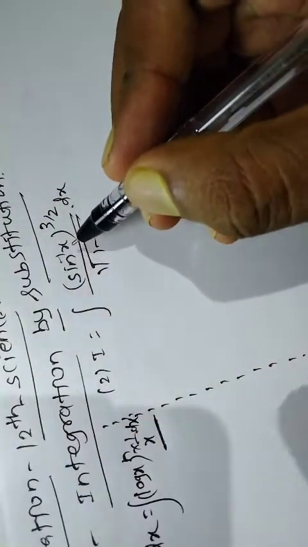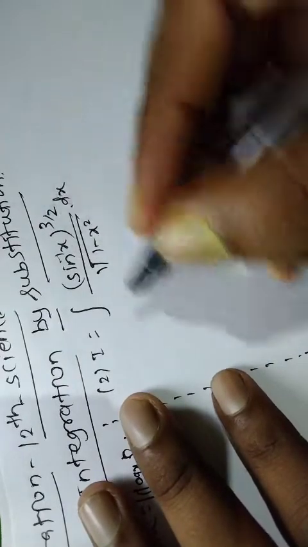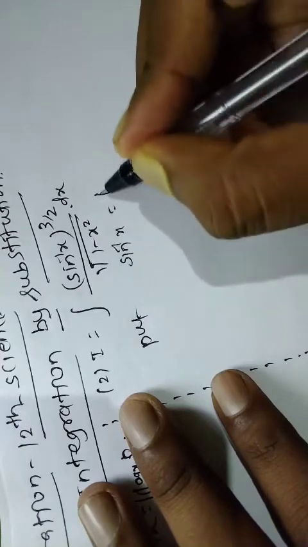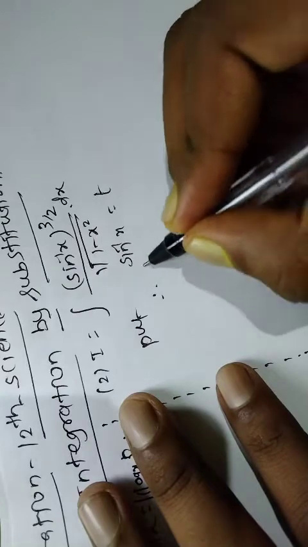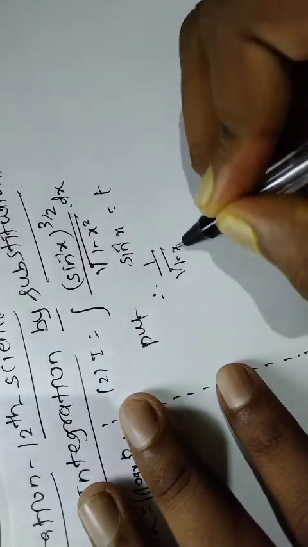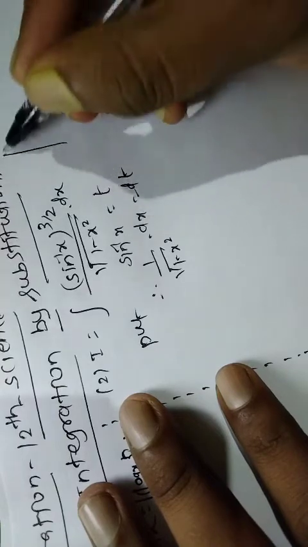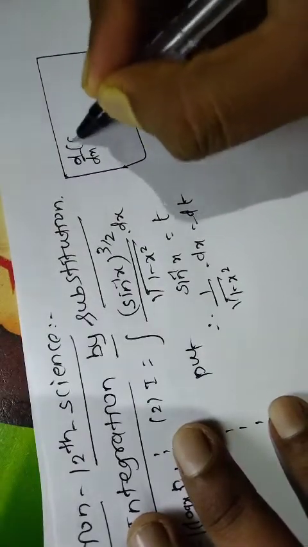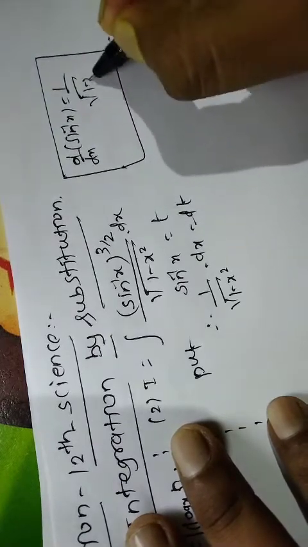Now you can see the complicated part of this question is sine inverse of x raised to 3 by 2. So put sine inverse of x is equal to t. What is the derivative of this? It is 1 upon root of 1 minus x square. You should know this derivative first; it is very important. If you don't know, I am just writing that the derivative of sine inverse x is nothing but 1 upon root of 1 minus x square.